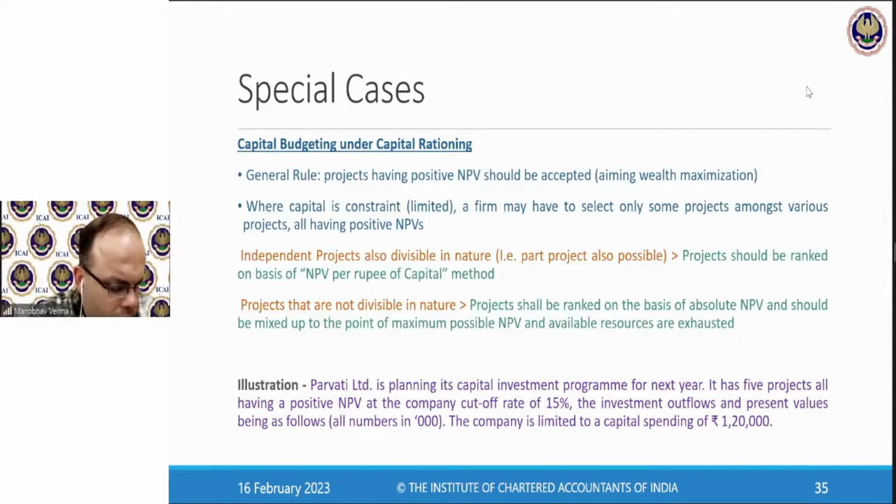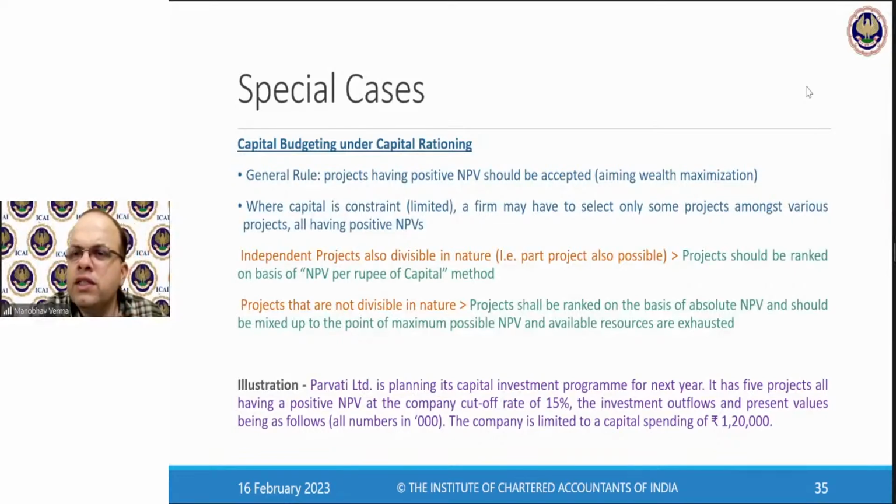This is something we just touched upon on Tuesday: when I said there could be a scenario where we have limited funds and have to select more than one project, can we always go ahead with the project with the highest NPV? May not be the case. We may have to select a combination which can utilize all the funds and give a maximum combined NPV, guys.